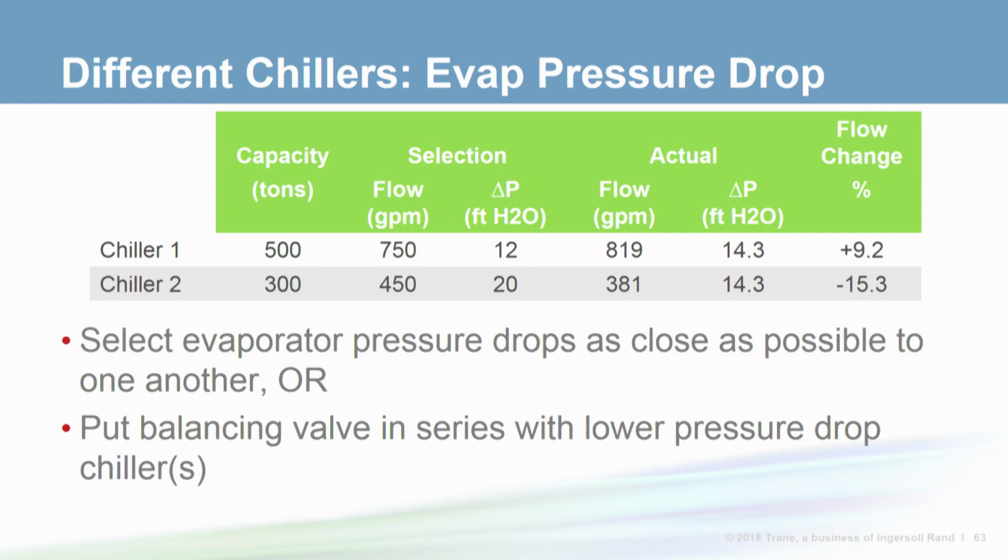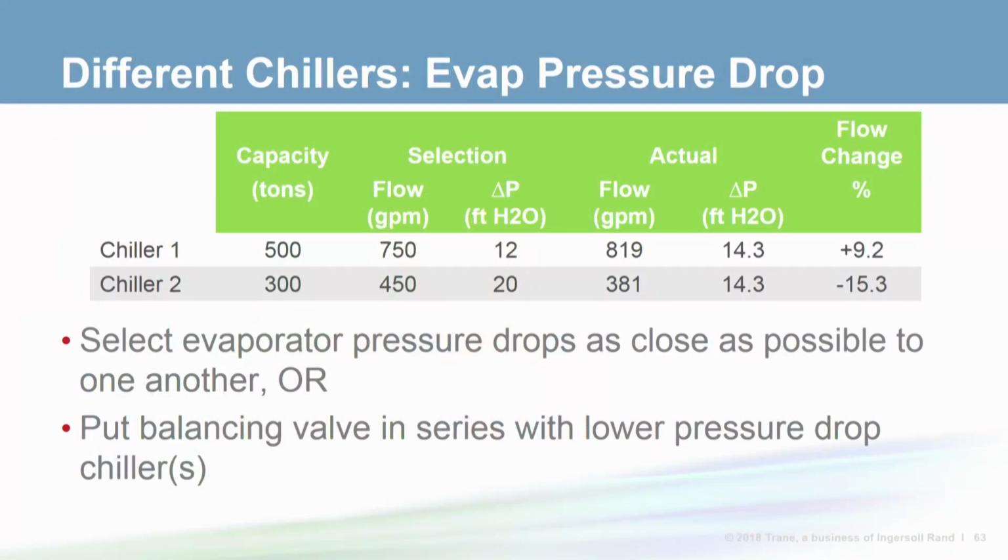At this pressure drop, the 500-ton chiller will have 9.2% more flow than selected, and the small chiller will have 15.3% less flow. This means that at some point, chiller 2 will not be able to load fully unless its supply water set point is decreased. Additionally, if the return water temperature is at design, chiller 1 won't be able to make its set point.